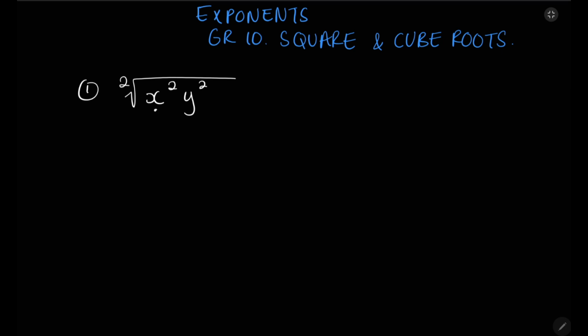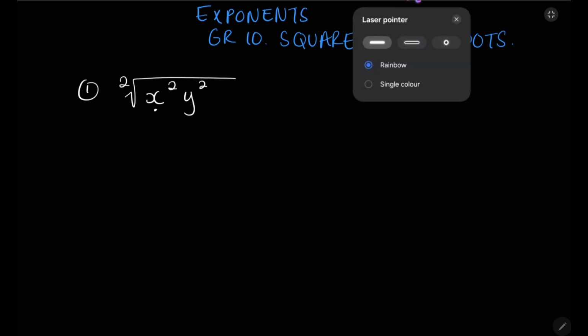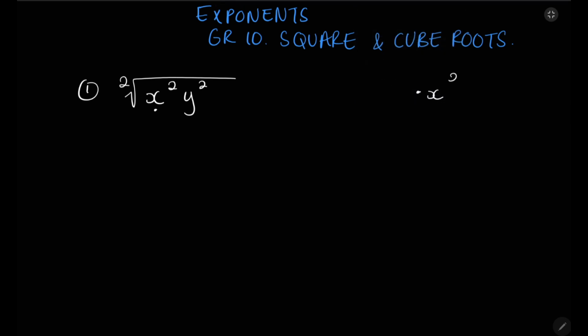We start with the first variable, which is x. Our inner is 2, divided by our outer, which is 2. What is 2 divided by 2? 1. So you write down your x here. You don't have to write down the 1.